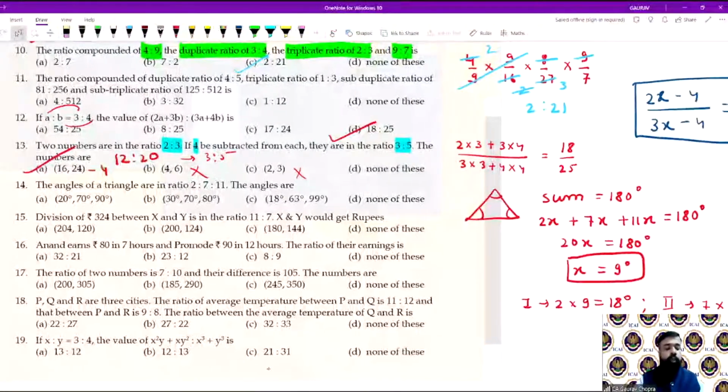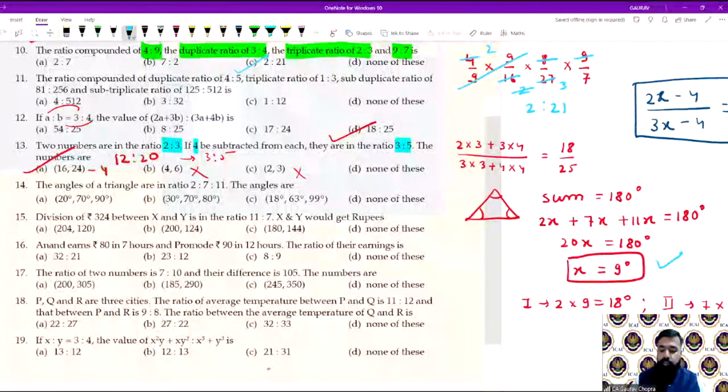And again, coming back to question number 13. It was a triangle question, and the basic property of a triangle is that the sum of all the three angles in a triangle is 180 degrees. And the three angles are 2x, 7x, and 11x. So the sum of all these three will be 180. Hence the value of x we got is 9 degrees.